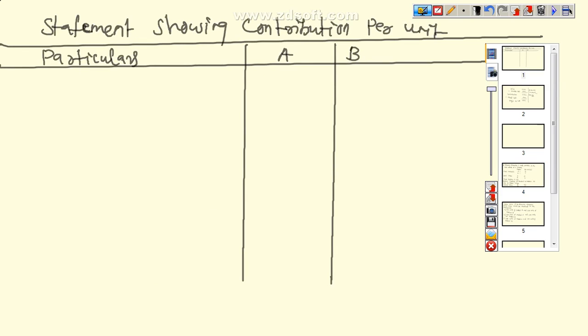Selling price is equal to 20 and 15 in case of B. After writing selling price, we have to deduct variable cost. So according to the question, variable cost per unit is given.